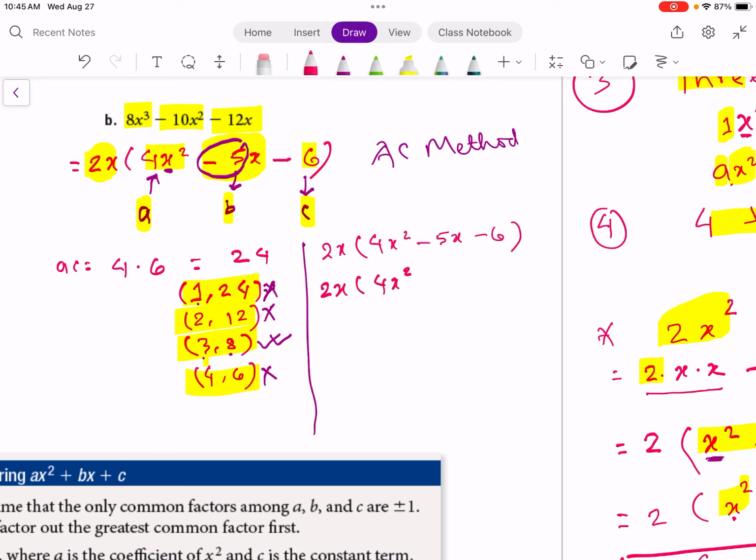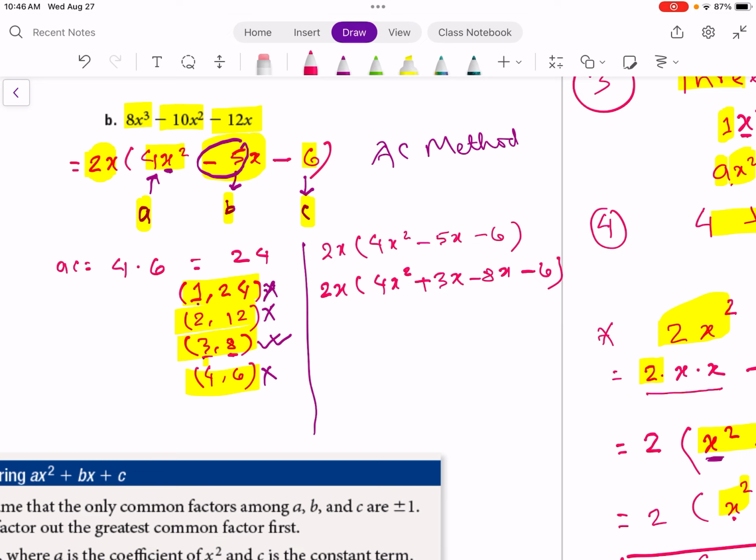Now how can we rewrite negative 5x using 3 and 8 as coefficients? What is negative 5x equal to? Positive 3x minus 8x, right? So we are using these numbers 3 and 8. So positive 3x minus 8x minus 6. You have to rewrite your middle term using that pair of factors.